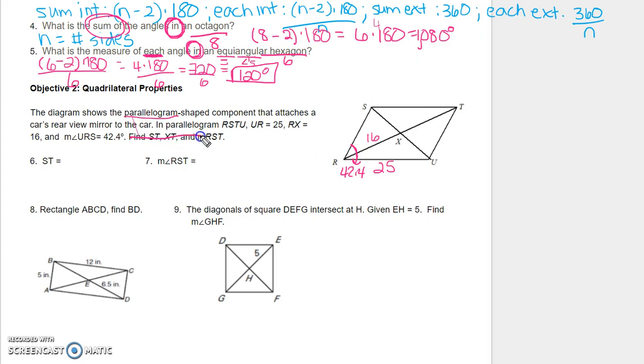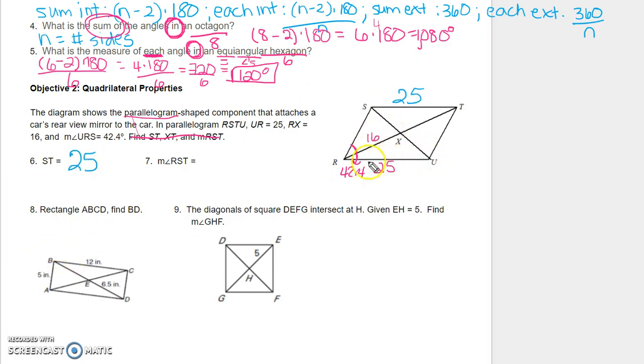I have to ignore this because this is the question: ST. In parallelograms, our properties say that opposite sides are congruent and parallel. ST is opposite of UR, which means they're congruent. That means ST is going to be 25 as well. Opposite sides are congruent.